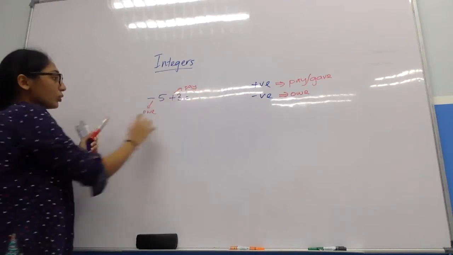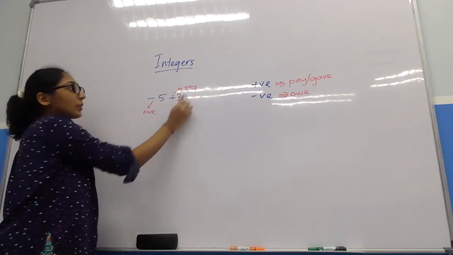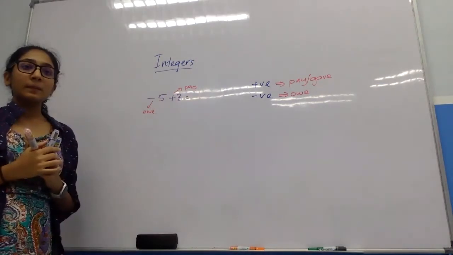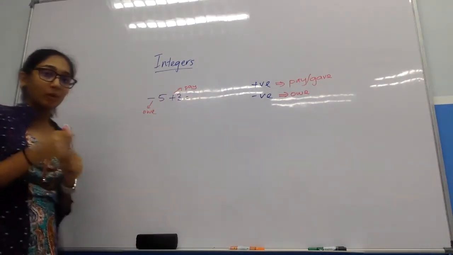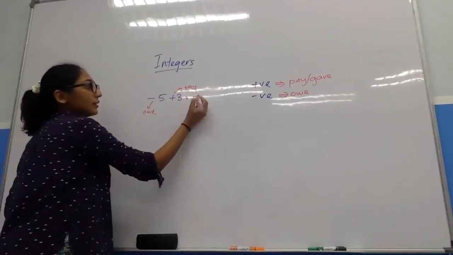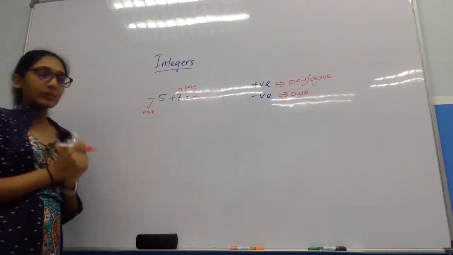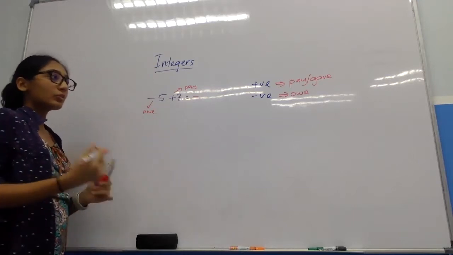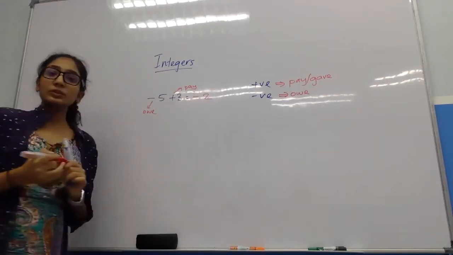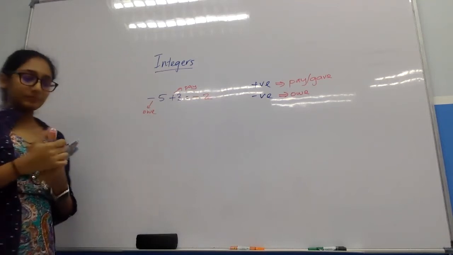So you owe someone 5 and then you pay the person 3. When you owe someone 5 and you have paid 3, you still owe them a little bit more. Because you still owe them, it's going to be a negative answer. So you owe someone 5 and you pay them 3, that means you still owe them 2 ringgit, for example.